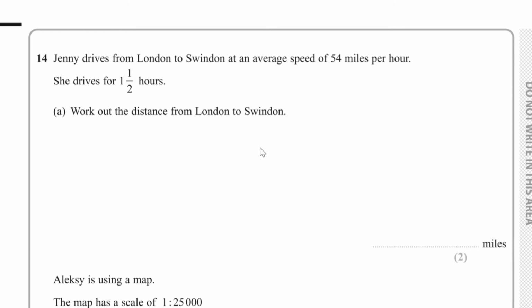Question number 14. Jenny drives from London to Swindon at an average speed of 54 miles per hour. She drives for 1.5 hours. We have to work out the distance from London to Swindon.